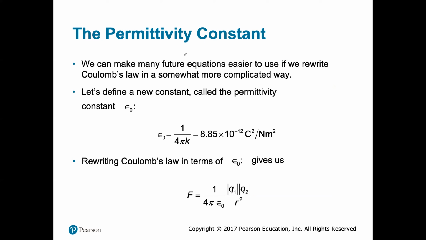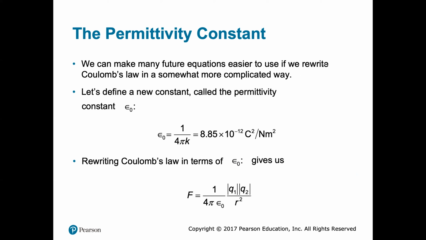Let's introduce another concept for material, the permittivity constant. Permittivity constant sometimes is called dielectric constant. It's a constant for a material. Different materials have different dielectric constants or permittivity.